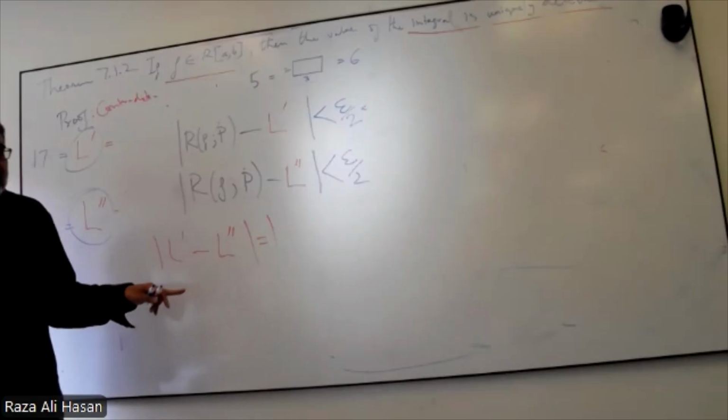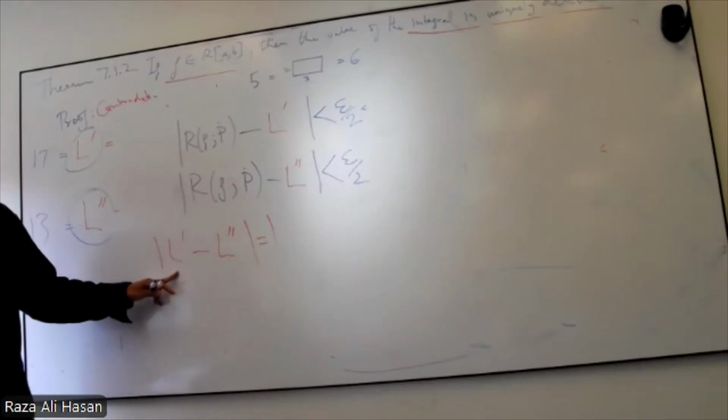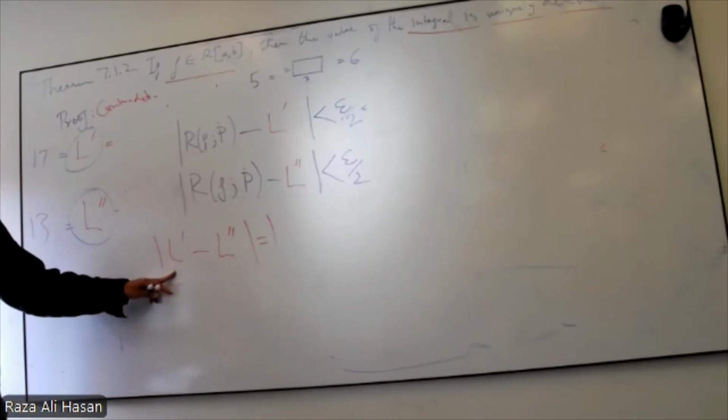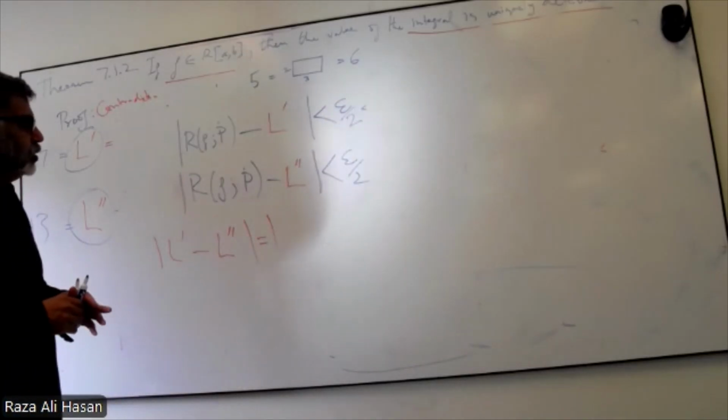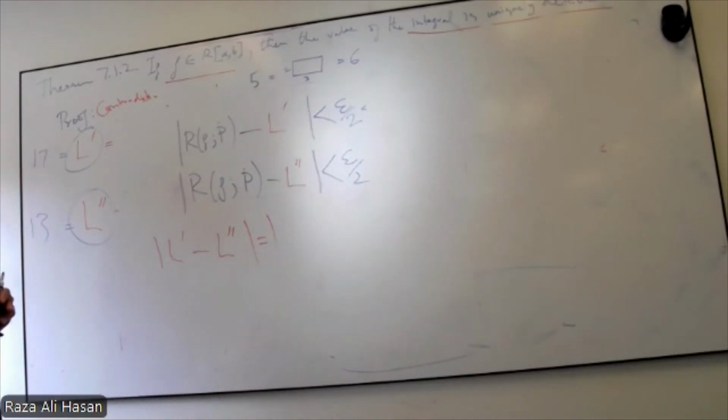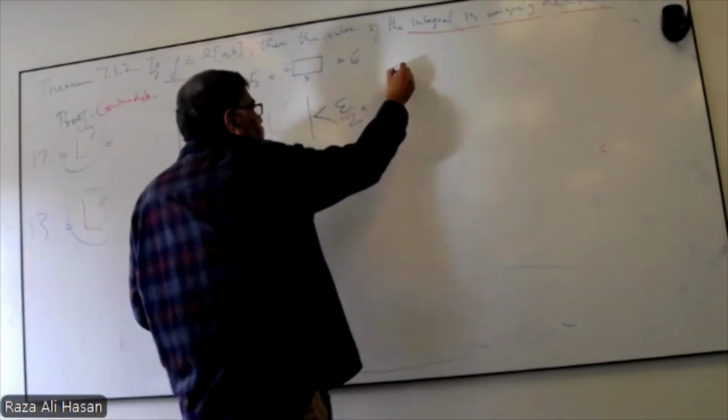If I added and subtracted L prime, I wouldn't be getting anywhere, because we want to do 2 things. We want to apply the triangle inequality rule and then theorem 219. So at this stage, I think I could write it here. So I'm going to write it here.